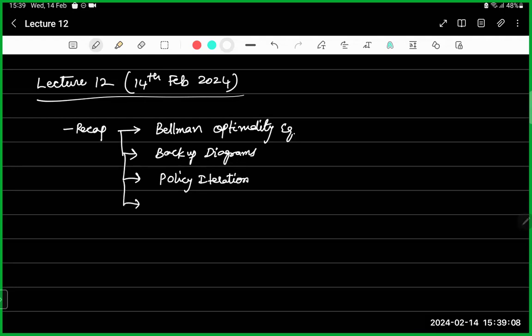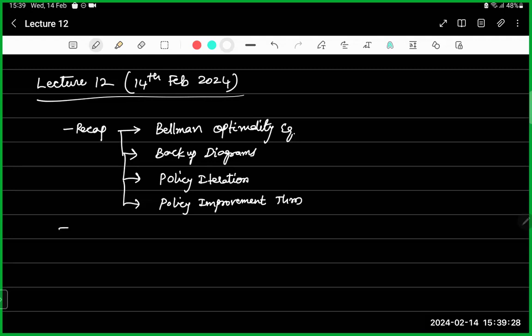We also discussed why policy iteration works by stating a theorem called what? The policy improvement theorem. Policy iteration works because of this theorem.